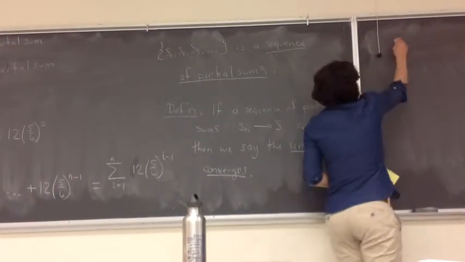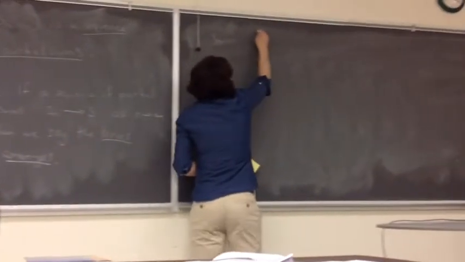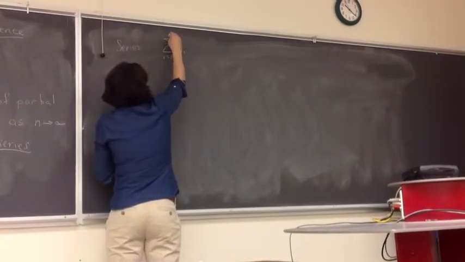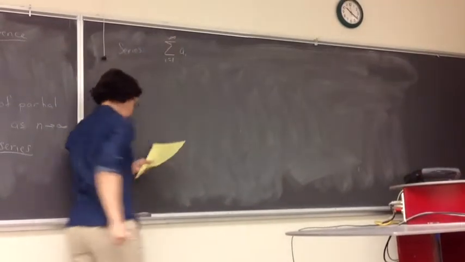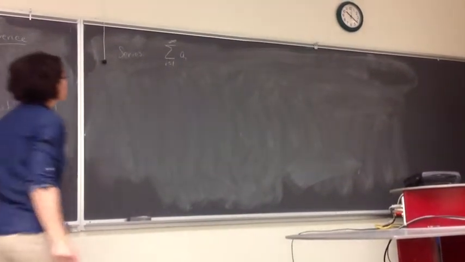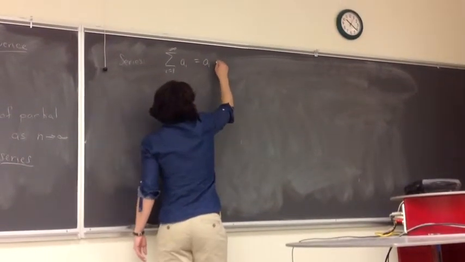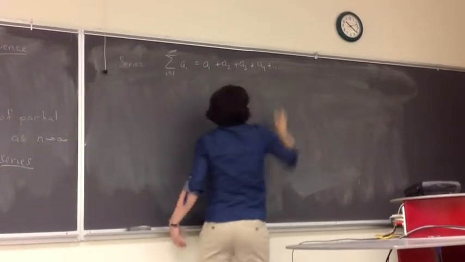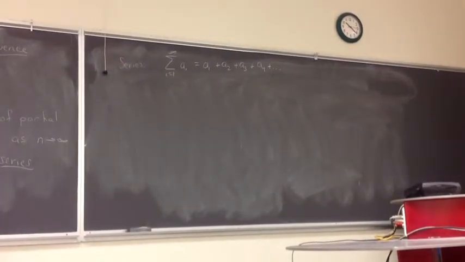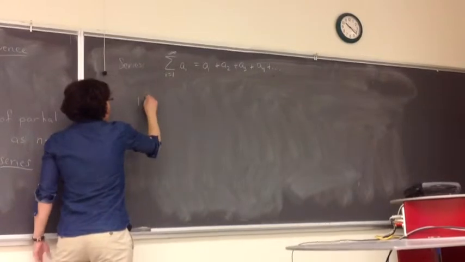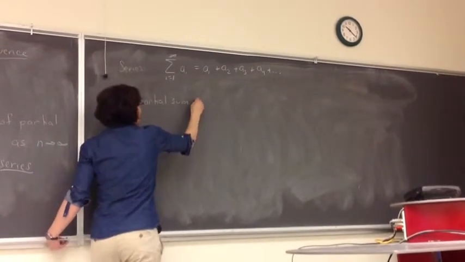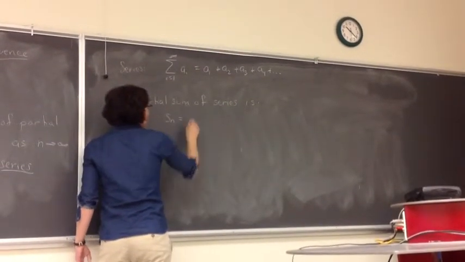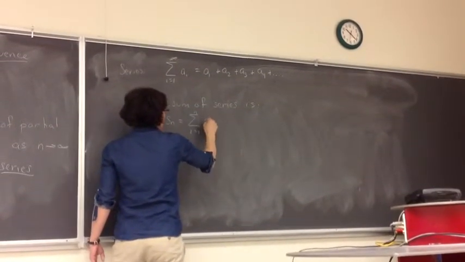Okay, so if I have my series, which looks like the sum of all the a_i's, where i goes from 1 to infinity, this is our series, and so we are adding a whole bunch of numbers, a_1 plus a_2 plus a_3 plus a_4 plus etc. I'm adding up all these terms, and our partial sum of the series is given by S_n is equal to the sum where i goes from 1 up to n of a_i.